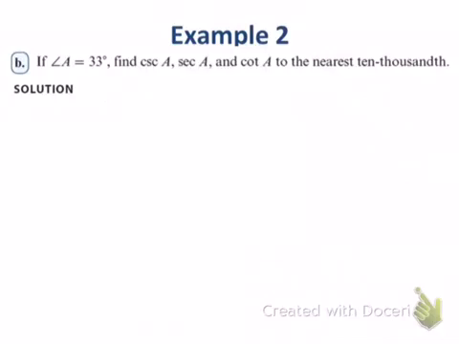Sine, cosine, and tangent only. So what you're going to do is the sine of 33 degrees. And you can put that all in parentheses if you wanted to and do this in one step. And you're going to raise that to the -1 power. That's going to reciprocate it.